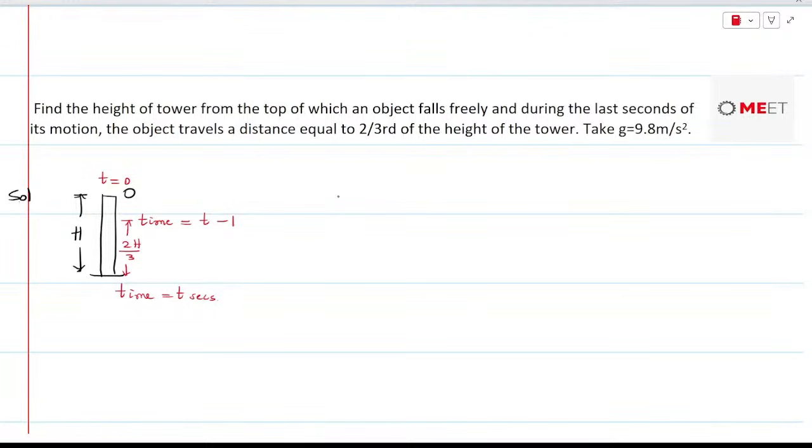so now we can write, first, h is equal to ut plus half gt square. Here the initial velocity is 0 as it is dropped from the top.